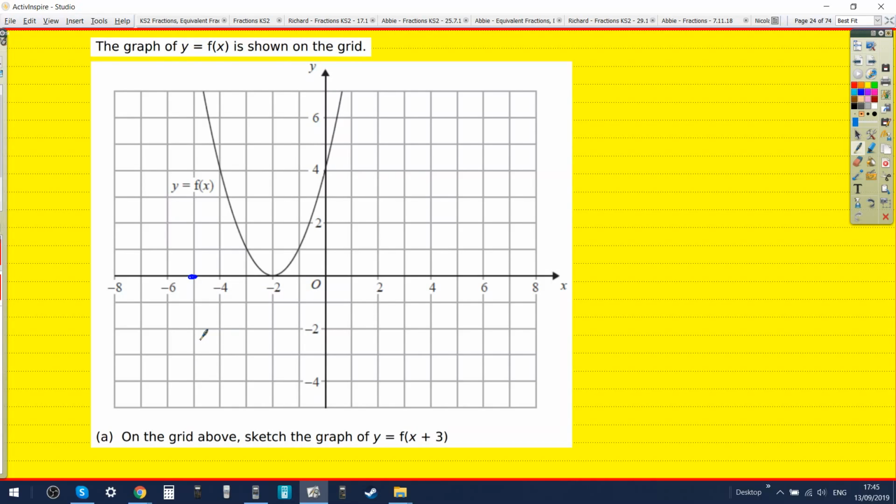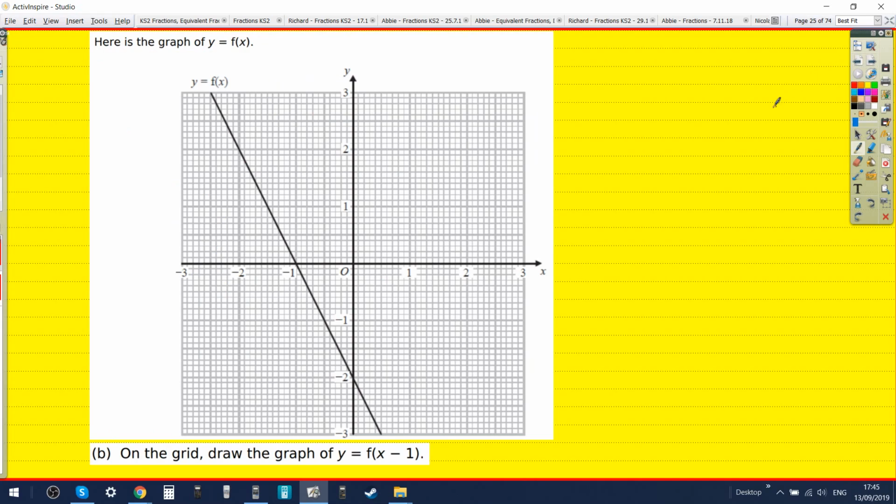Minus 4 will become minus 7, 4. And (0, 4) will become (minus 3, 4). Great. And so once you have those 3 points, you should be able to sketch it. That's it. Great. How about this?